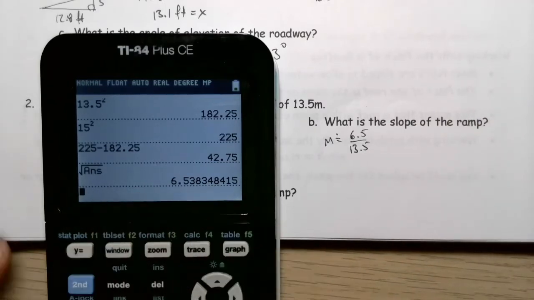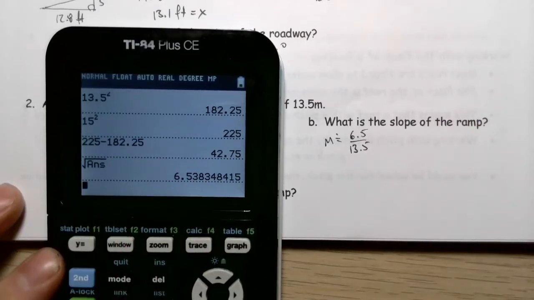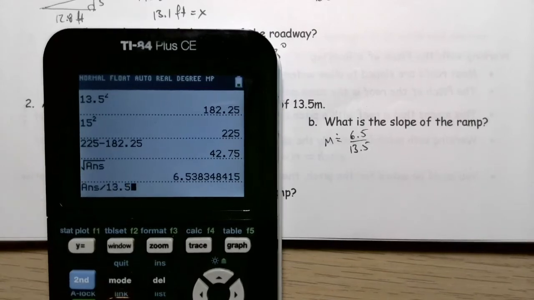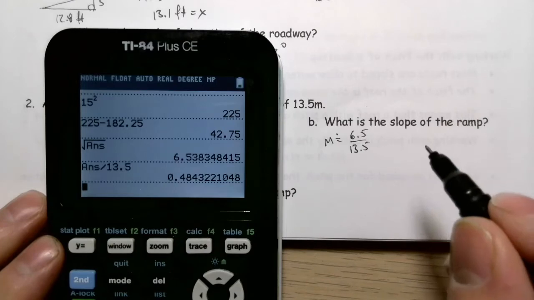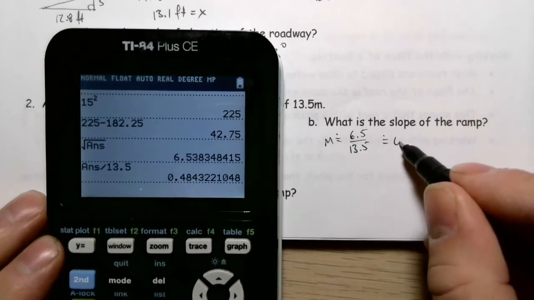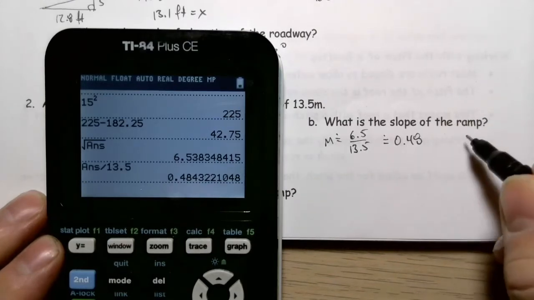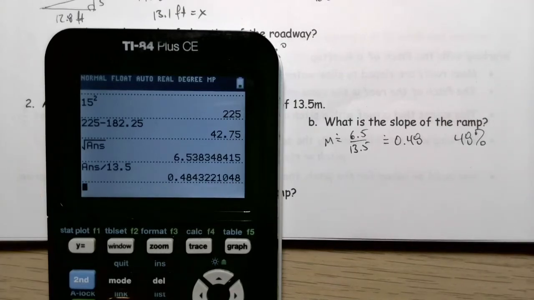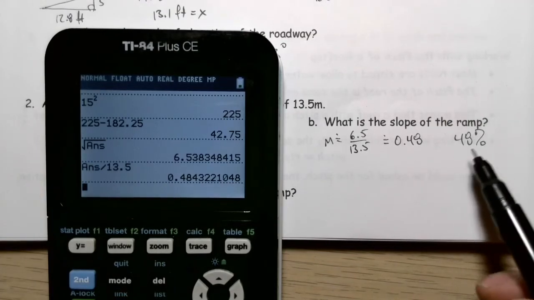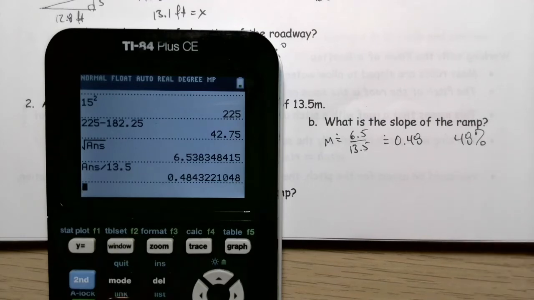Let's use the number that we had in here. I'm going to put this as a decimal. I'm going to divide that by 13.5 to get 0.48. So this is roughly 0.48 or 48%. In other words, 48 over 100. And that might communicate a little bit more to me.